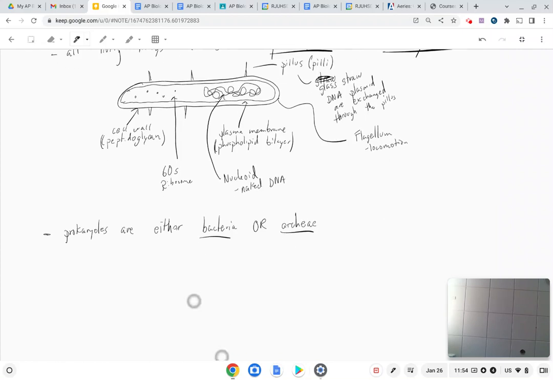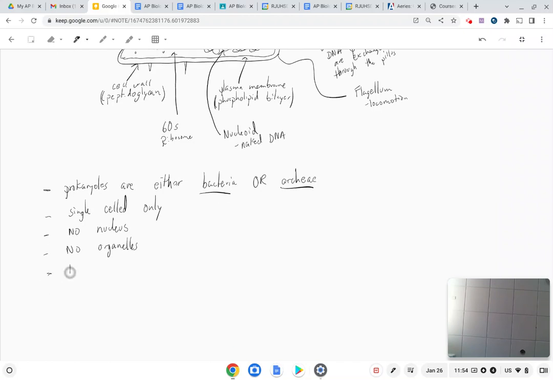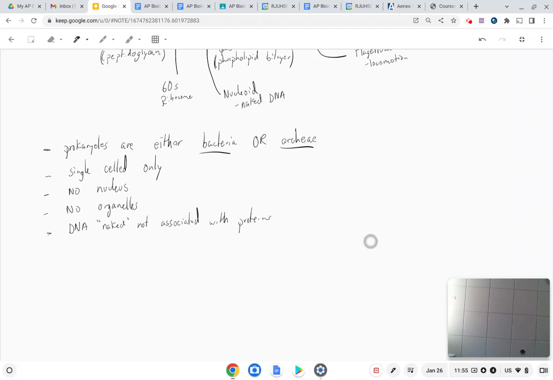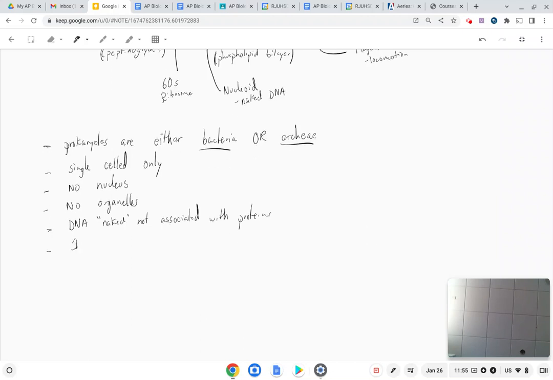Okay. The other fact that we need to know is they're single-celled only. There is no nucleus. There are no organelles. DNA is naked, which means that it's not associated with proteins. Also, all prokaryotes have one chromosome.